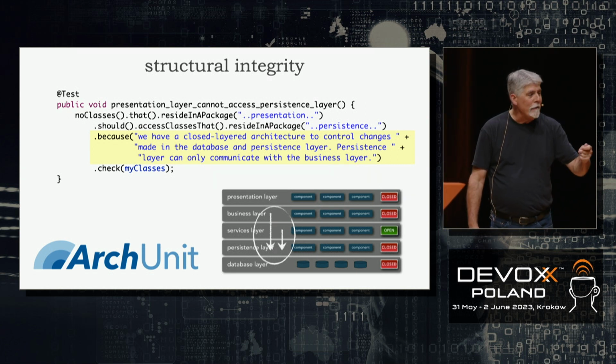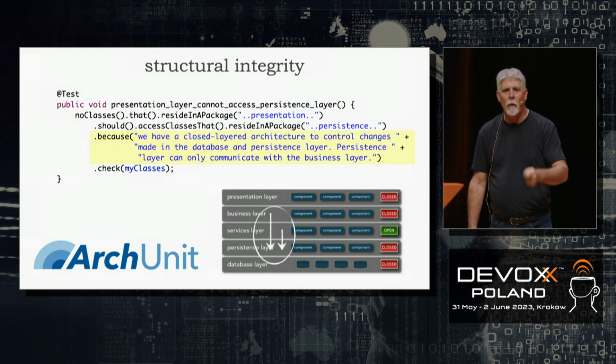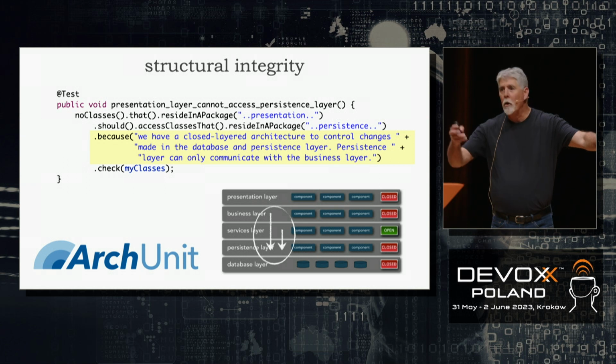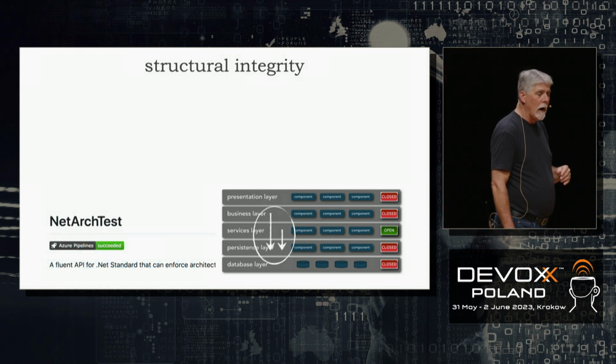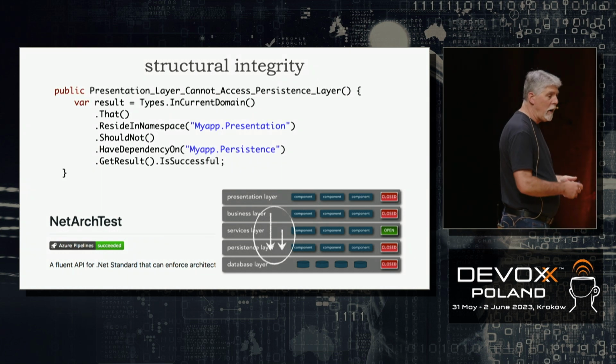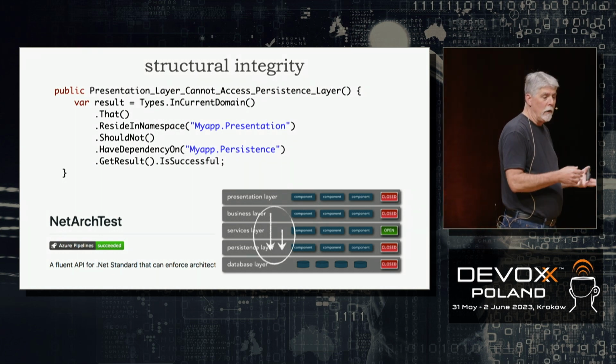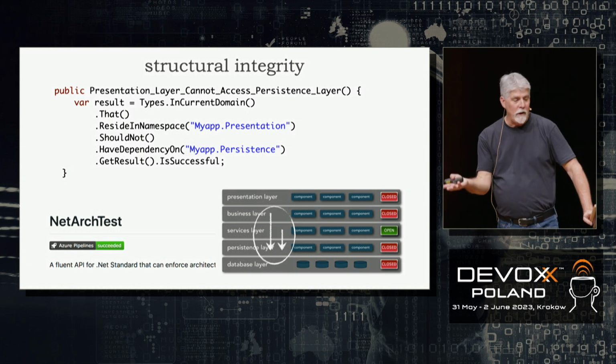Because we have a closed layered architecture and we want to control change. That's why. I know it's faster, but change control is more important to us. This is the corresponding NetArchTest in C#. Types in the current domain that reside in the namespace presentation should not have a dependency on persistence.